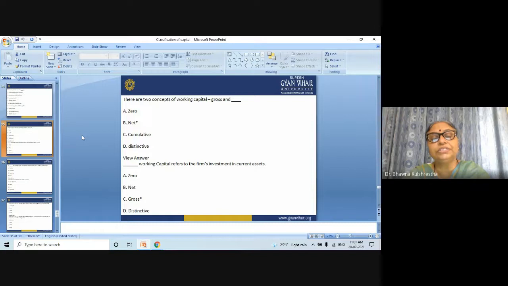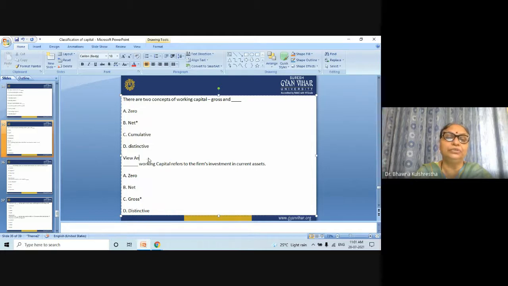The next question: dash working capital refers to the firm's investment in current assets. The options are zero, net, gross, and distinctive. The answer is gross.